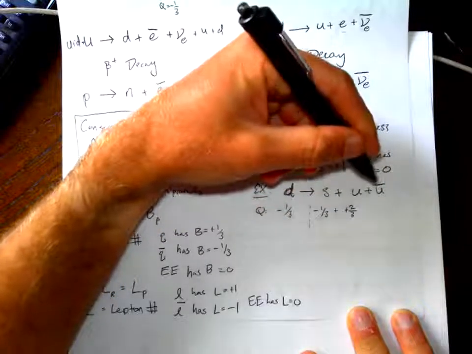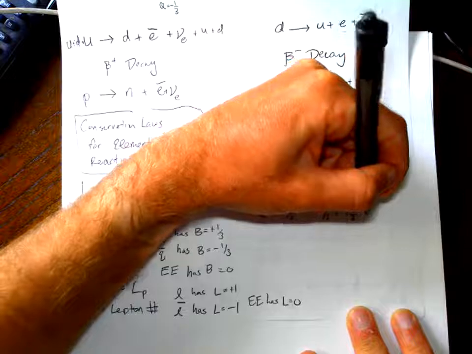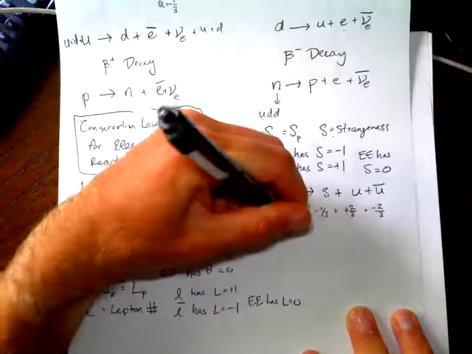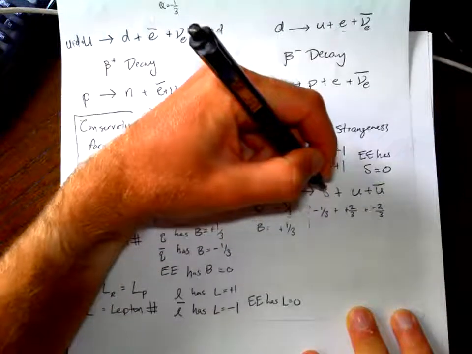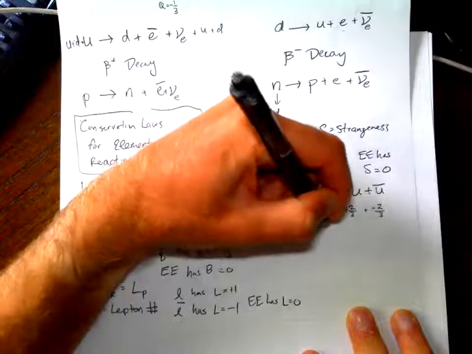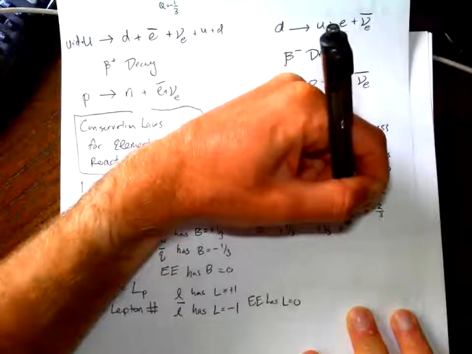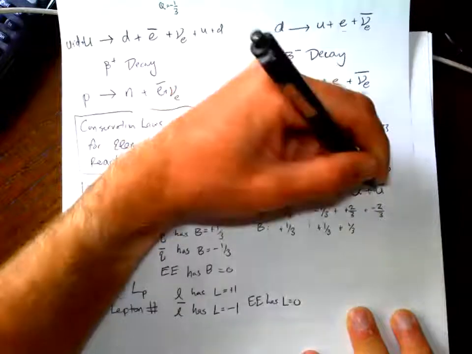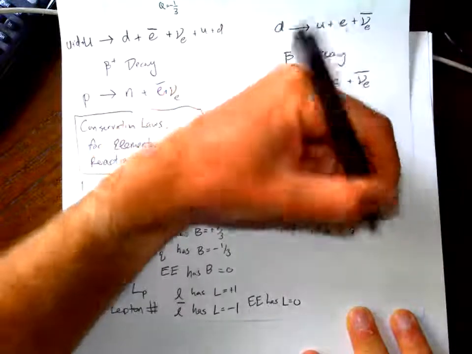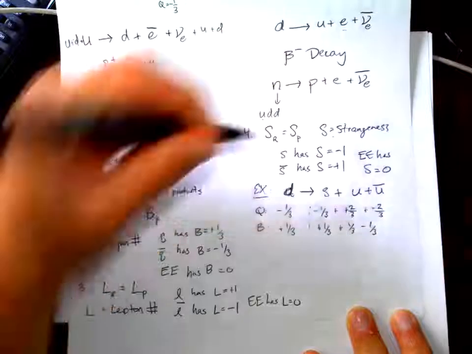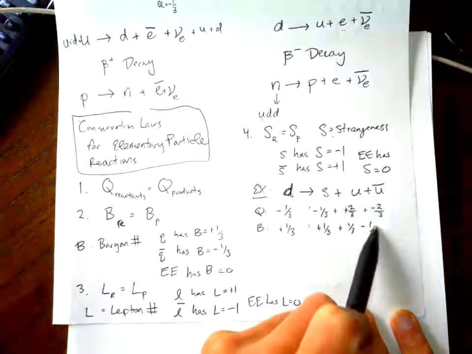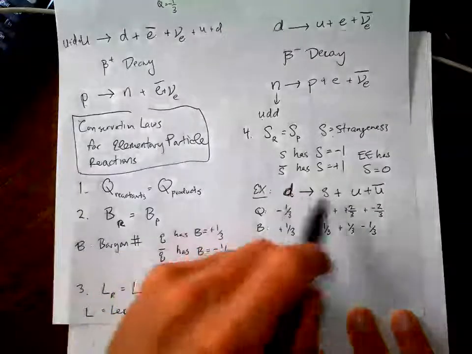And what is the charge of an anti-up quark? It's -2/3. The baryon number of a strange quark is +1/3. The baryon number of an up quark is +1/3. The baryon number of an anti-up quark is -1/3. So we can see that this works out to 1 in terms of baryon number.